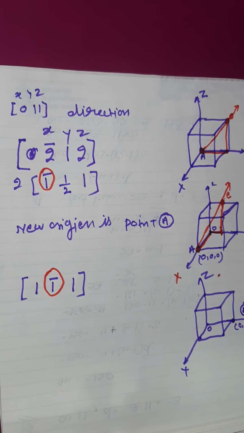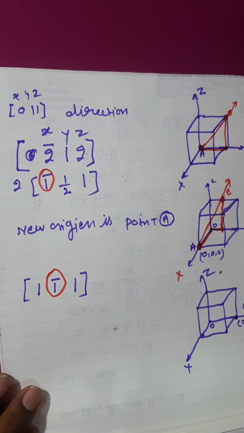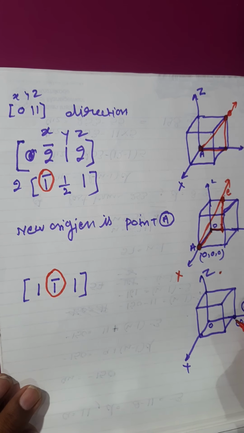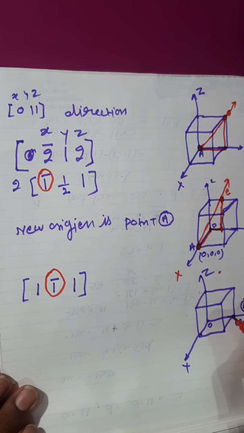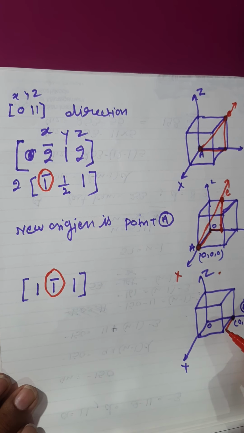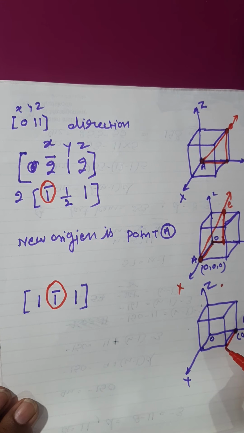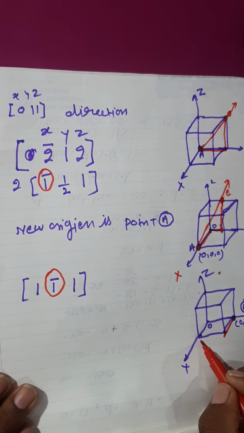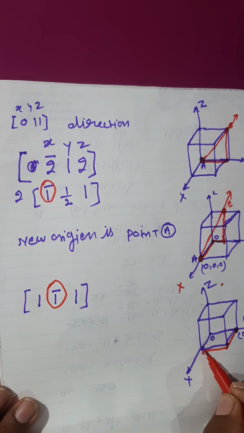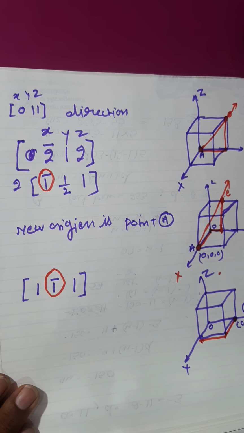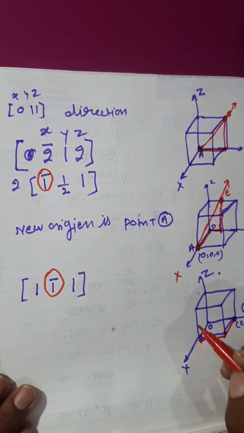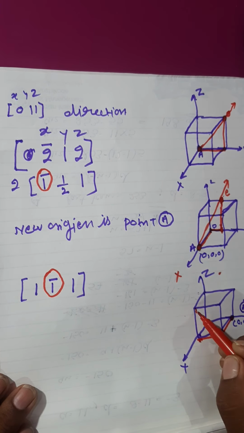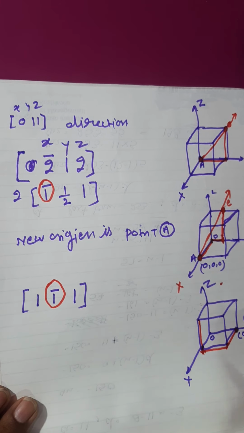Now you have to move in the positive x direction. So this is your positive x direction, and then we have to move in the negative y direction. So this will be your negative y direction, and again we have to move in the positive z direction.